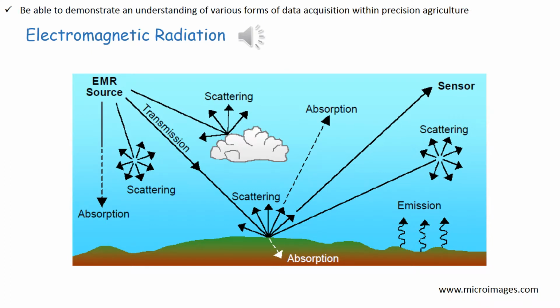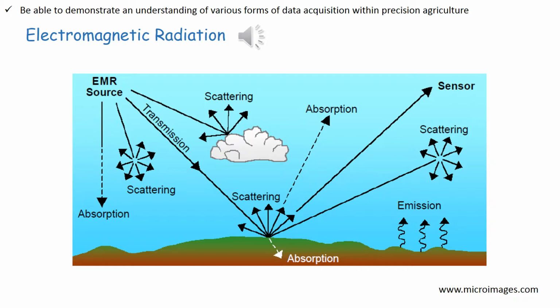The light and energy that is reflected by different objects is based on electromagnetic radiation. This is different from electromagnetic induction used in the EM surveys. Electromagnetic radiation comes primarily from the sun.